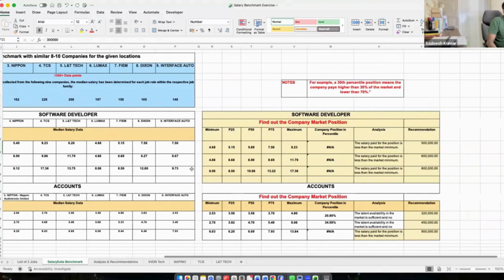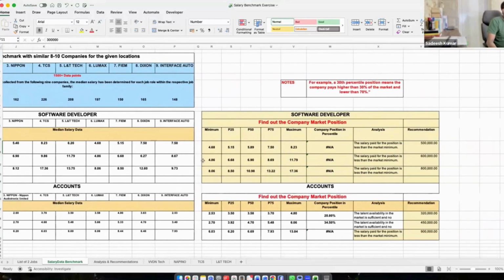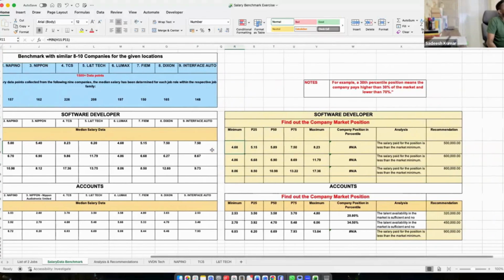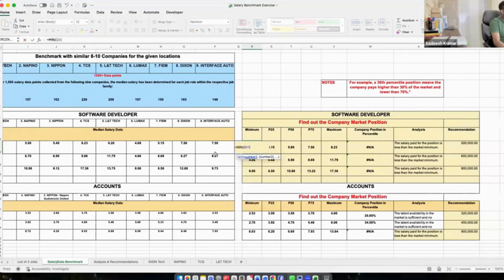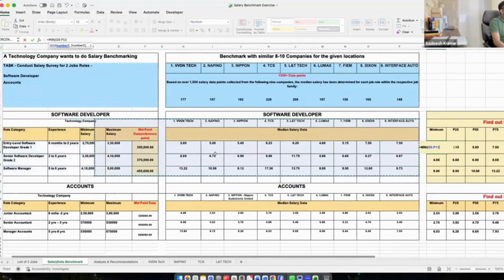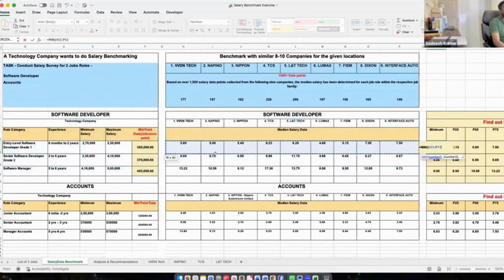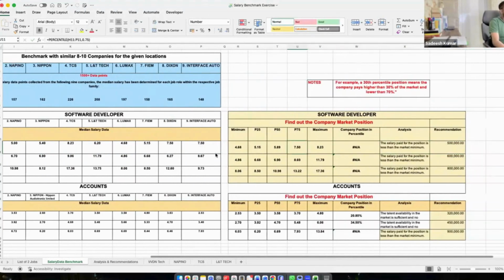Then the assignment was to find out the minimum from the salary market data, then the 25th percentile, 50th percentile, 75th percentile, and the maximum. The minimum was found by giving the formula of minimum and then selecting all 9 companies' median salary data, and then we got the minimum.